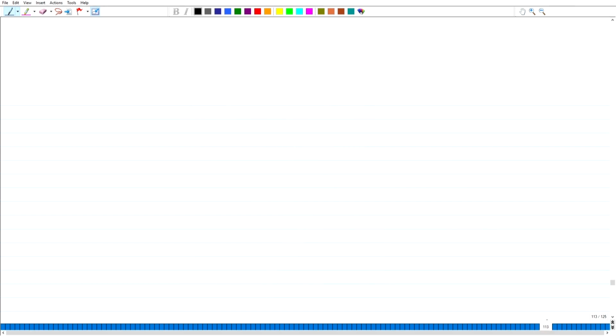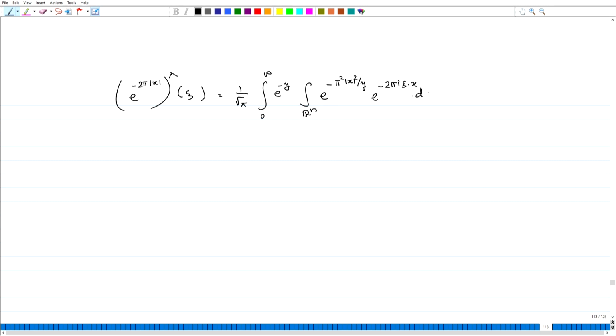So, if you take the Fourier transform of e to the power minus 2 pi mod x at xi, this is going to be 1 by square root of pi, integral 0 to infinity of e to the power minus y. Then I am changing the order of the integration, e to the power minus pi square mod x square by y and e to the power minus 2 pi i xi dot x, and then this is dx, and then this is dy by square root of y.